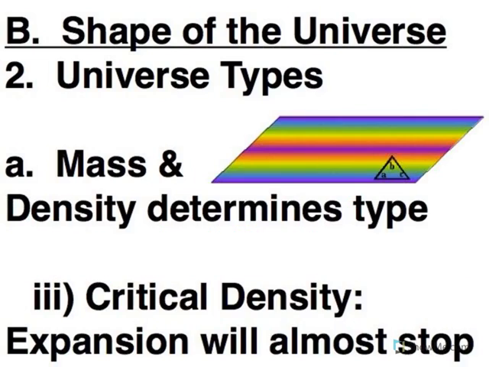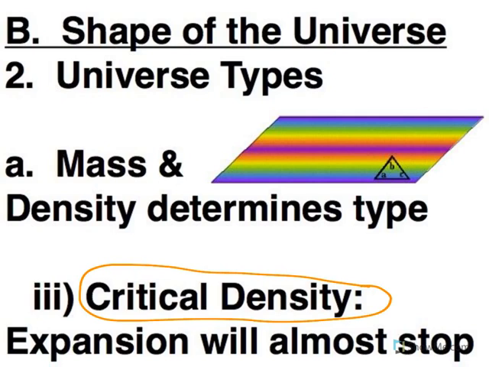When we talk about the different types of universes, we will talk about the density in terms of what we call critical density. So this is kind of the just right density. The universe will continue to expand, but the expansion is going to almost come to a stop.